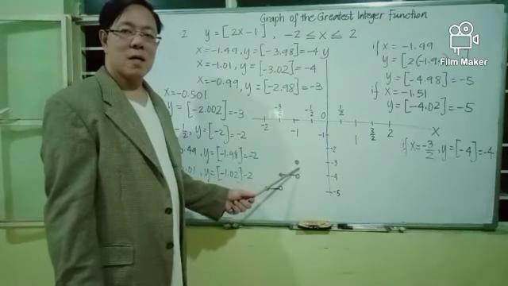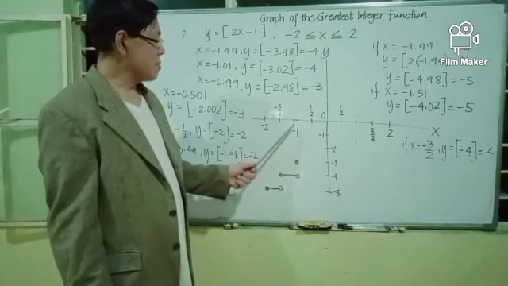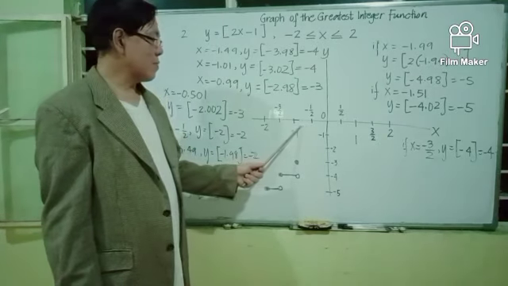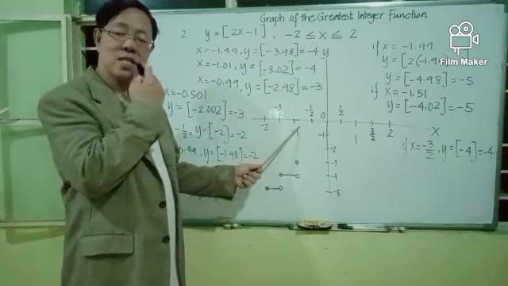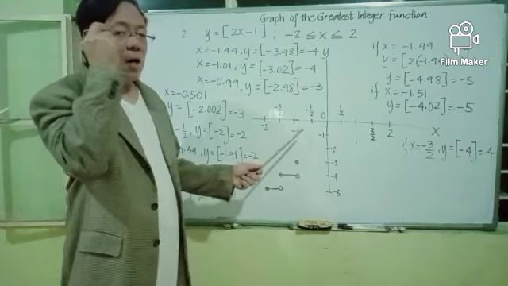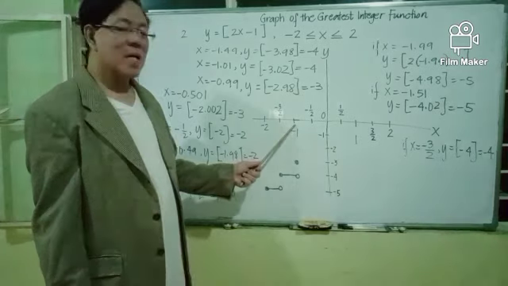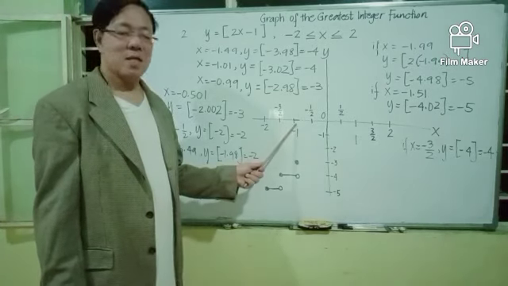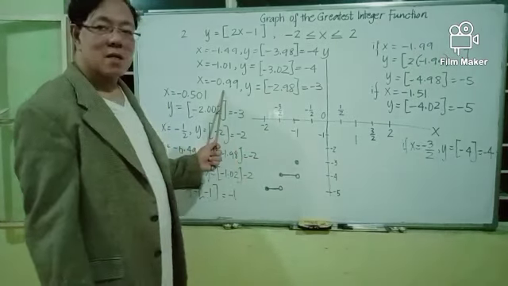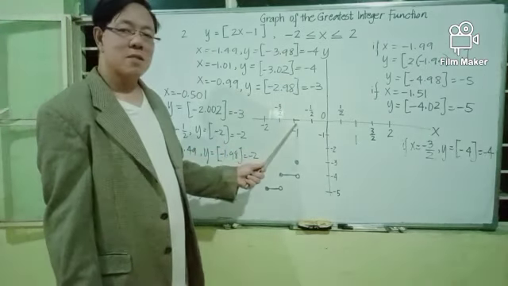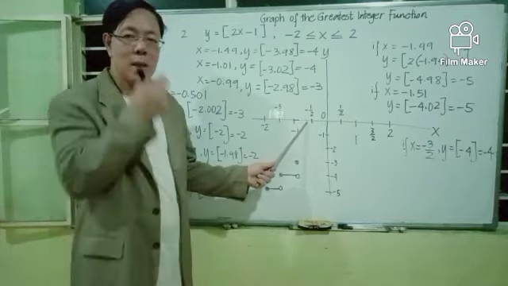Now we take real numbers greater than negative 1 but less than negative 1 half, or negative 0.5. I would take one real number that is very close to negative 1 but not equal to negative 1. Say negative 0.99. Negative 0.99 is greater than negative 1.